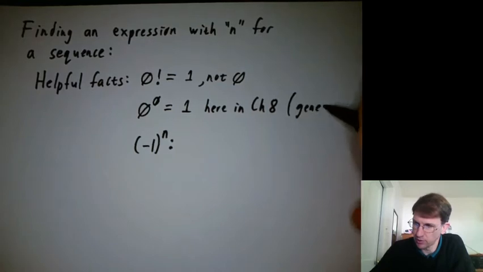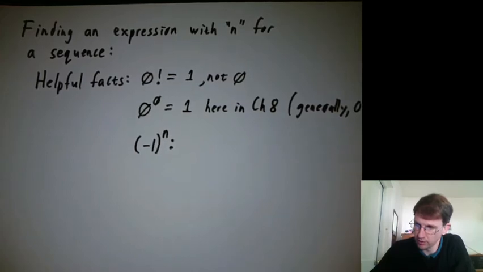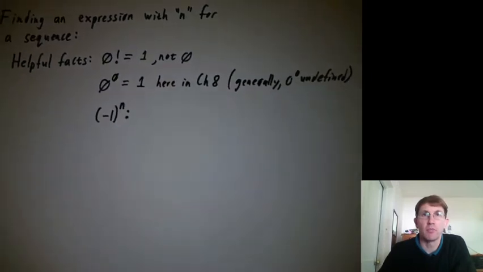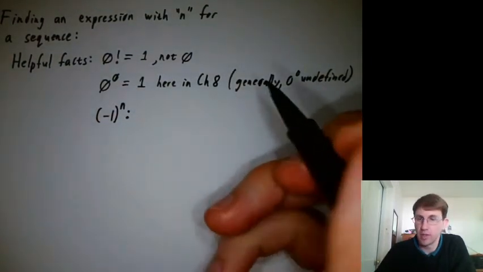Generally 0 to the 0 is undefined. It's an indeterminate form, you could say. But just for convenience, we're going to say it's 1.